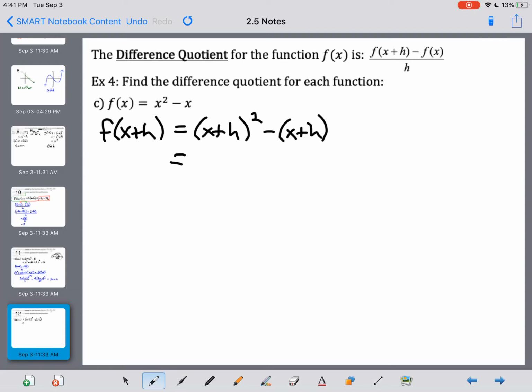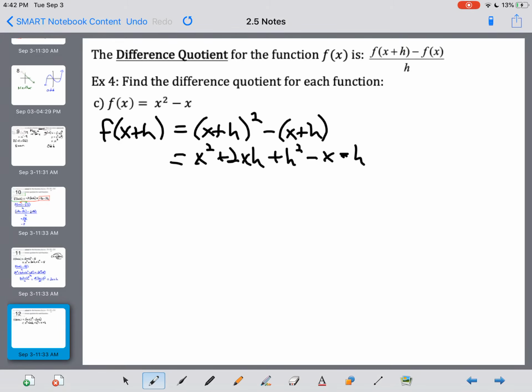Remember, square the first, plus 2 times the product of the two, square the last. Then I can distribute this negative sign in here and say this is just minus x minus h. I don't think there is anything I can combine there, right?